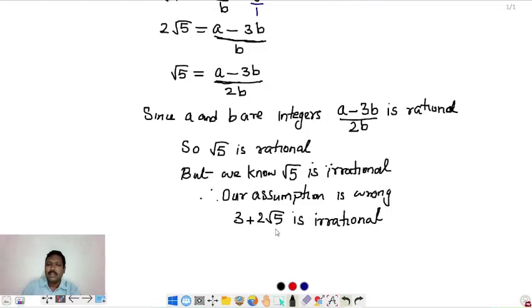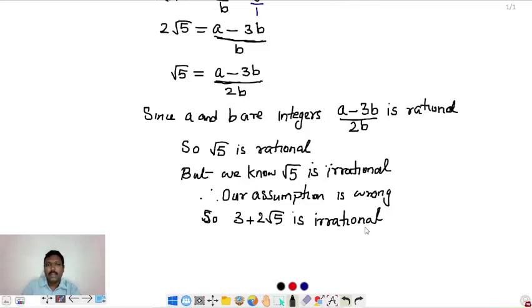It is not a rational number, because when we take it as a rational number, we get root 5 also a rational number, but we know root 5 is irrational. So what we have assumed is wrong. Therefore we can say 3 plus 2 root 5 is irrational.